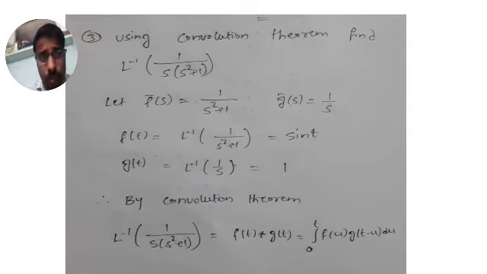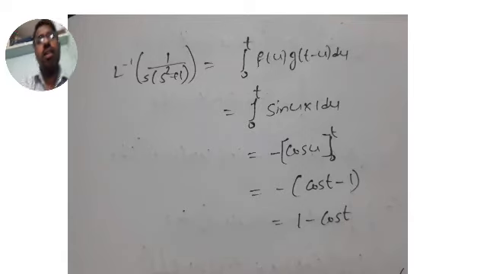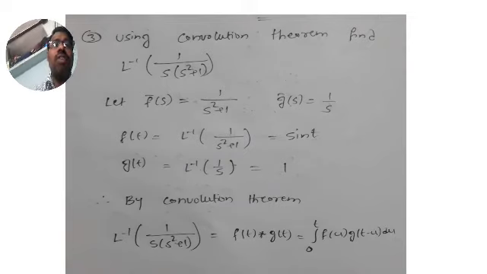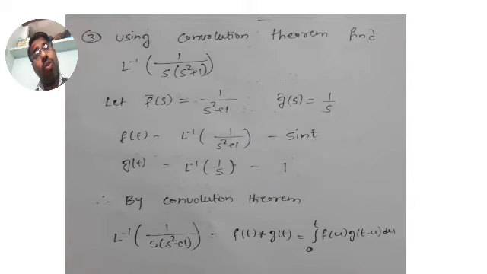Another 15 minutes to go. Make it fast. I will put the next slide. This is the next integration part of the third problem. The question comes: if f bar of s is 1 by s and g bar of s is 1 by s square plus 1, or vice versa, then also you can apply convolution and do the problem.